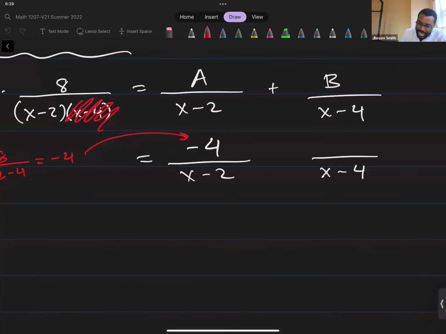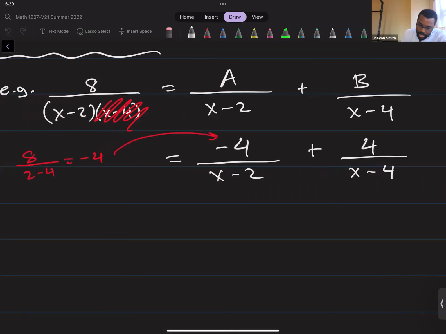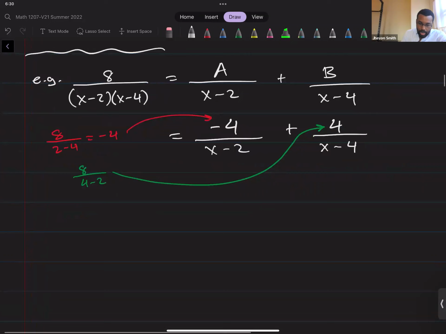And it turns out that that is what it should be. So you can, on the spot, actually say what the answer is going to be.